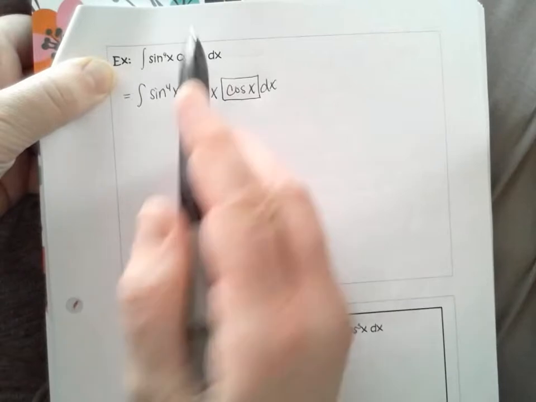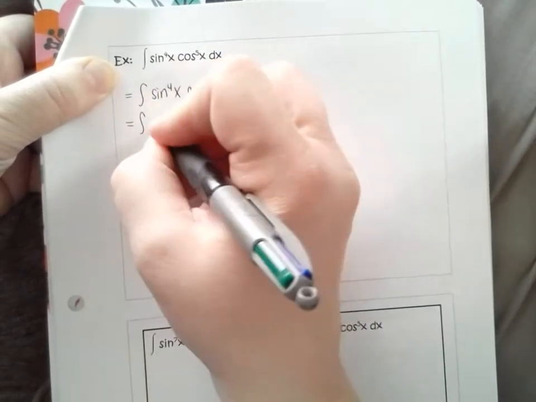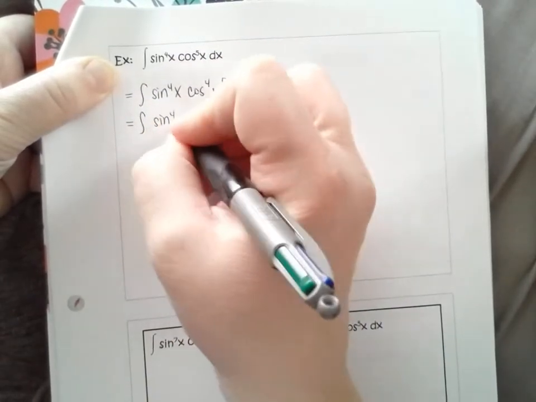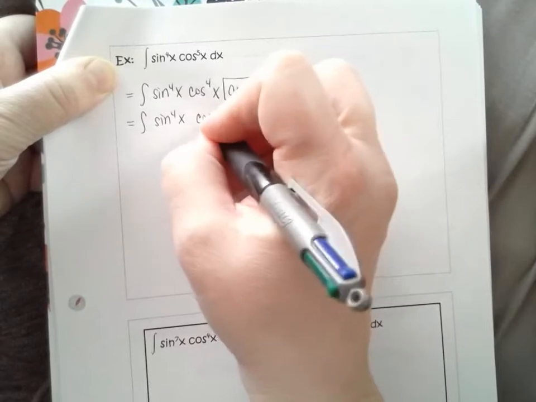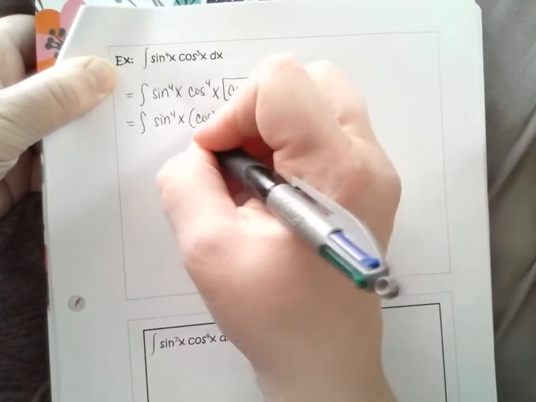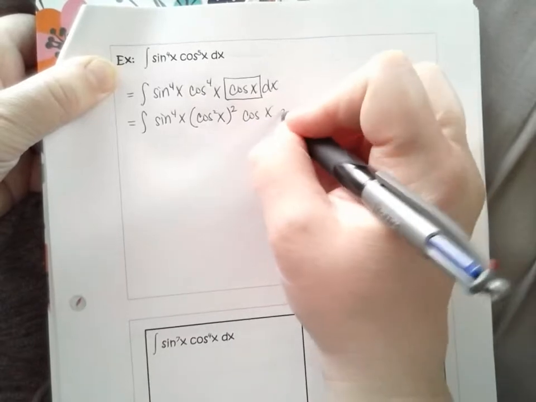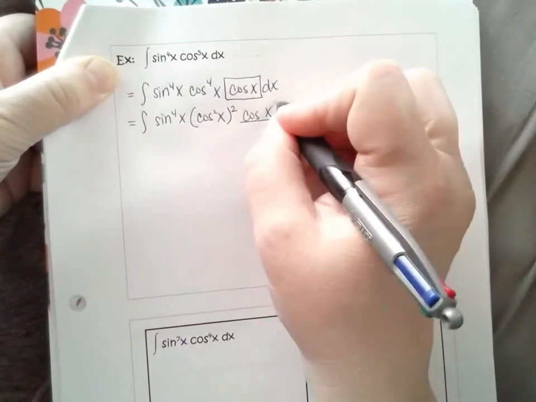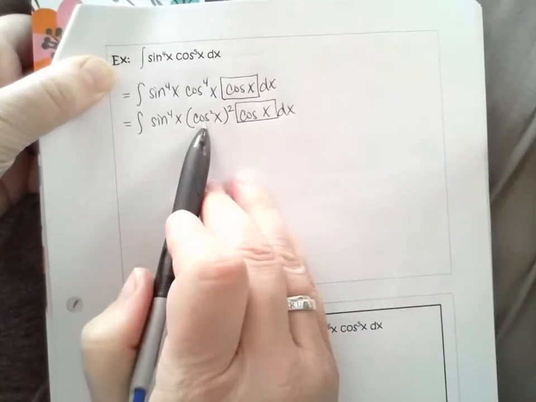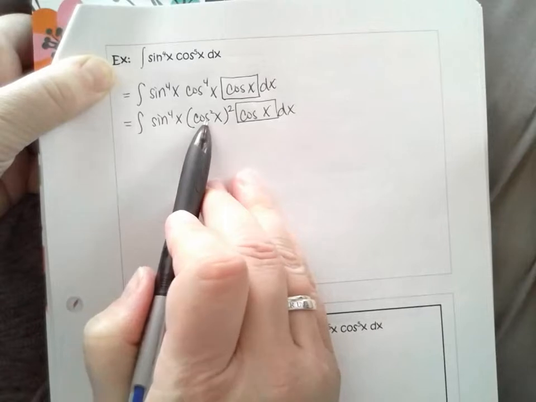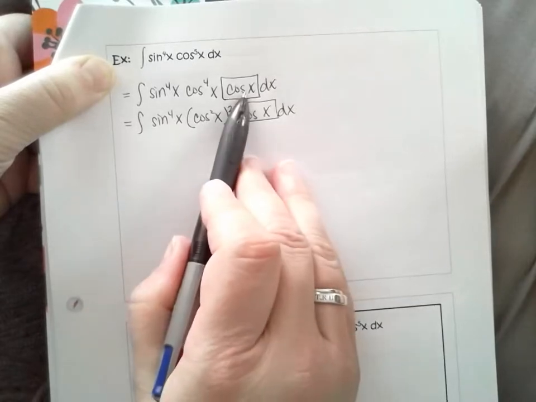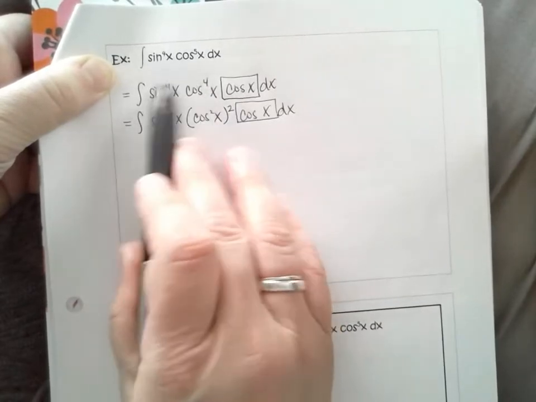Now, the even number has to be equivalent to a cosine squared raised to a power. In this case, it's 2. Hopefully you remember what I said about the even number of the cosines. Now, if I'm saving a cosine, then my intention is to make all of this sine.